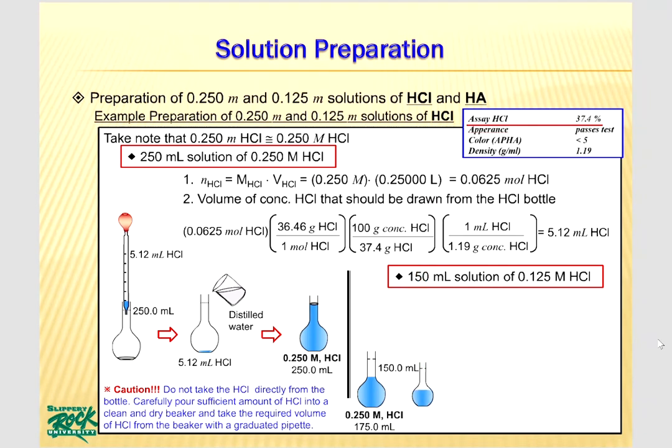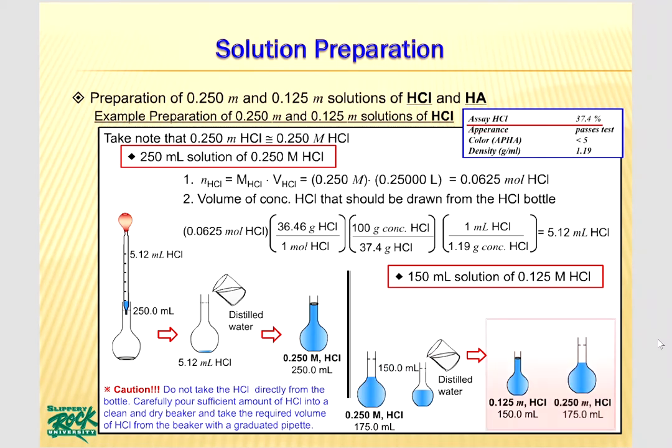Fill the flask with distilled water up to the mark and mix by slowly inverting the solution a few times. Now, you have 150.0 milliliters of 0.125 molar HCl solution and the remaining 175.0 milliliters of 0.250 molar HCl solution.